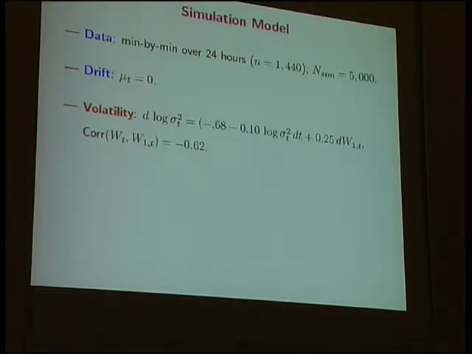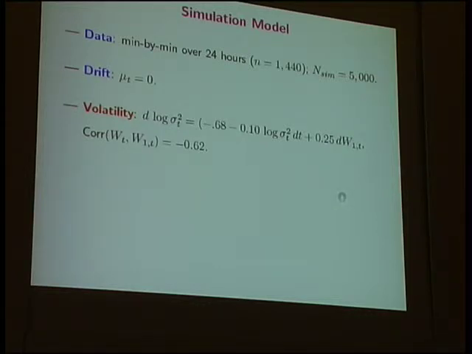So I generate the log volatility according to this OU process, or if you like, a Vasicek model. In financial terms, this is really a Vasicek model. I generate this, and this W_t is the one driving the price process. This one is the one driving the stochastic volatility process.